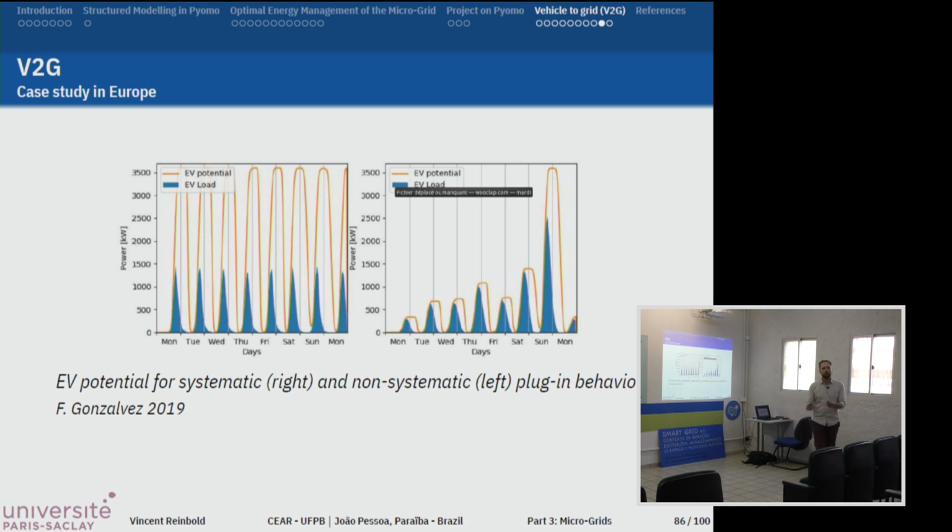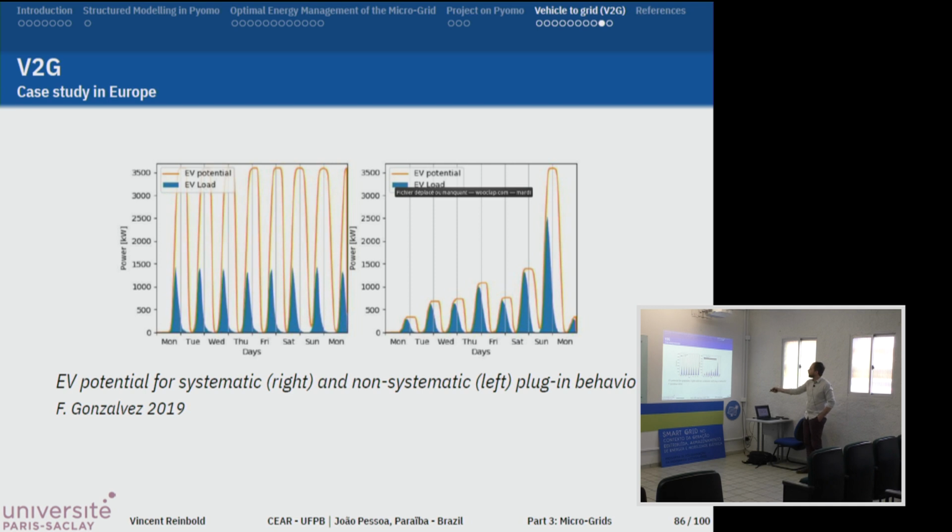And there is another type of user that will connect his vehicle every night or every day when they don't use it. And these are the systematic users. And this is the potential of the electrical vehicle, the power potential. The potential is what can help the grid if wanted. Okay? And in blue, this is the charge that the battery actually needs.